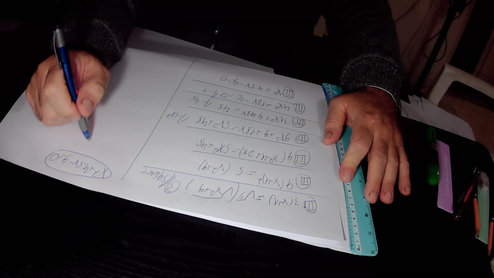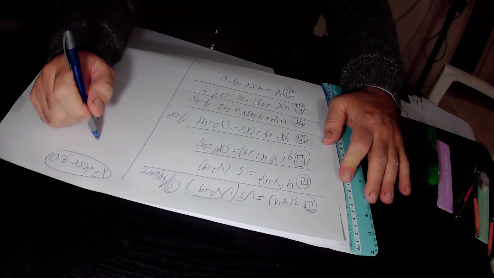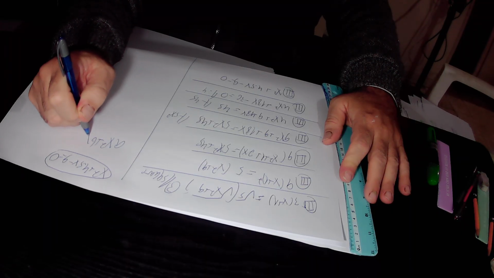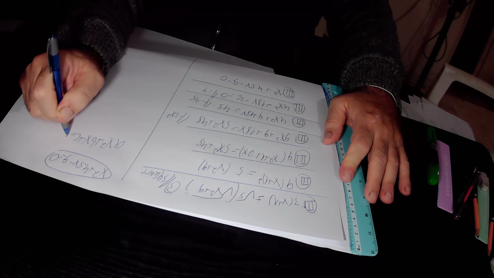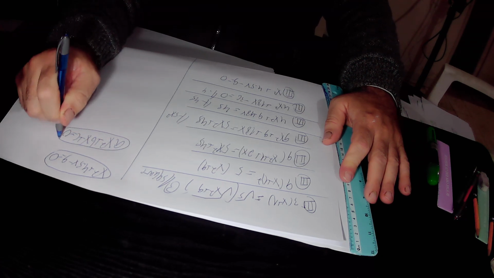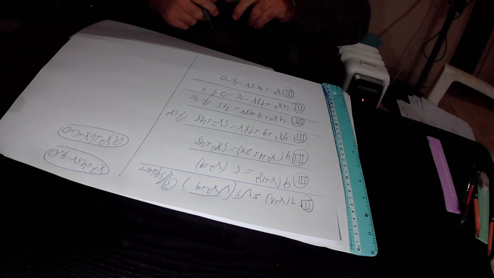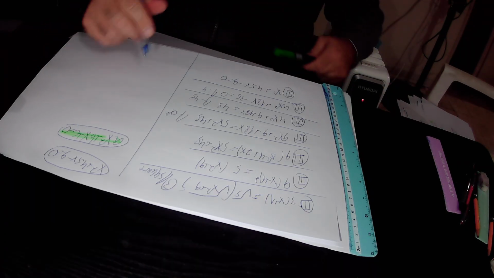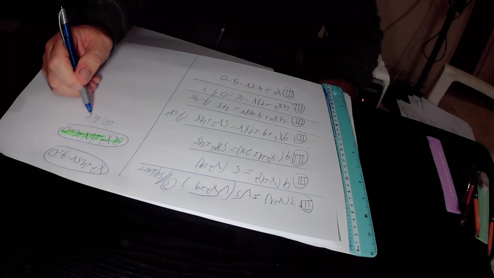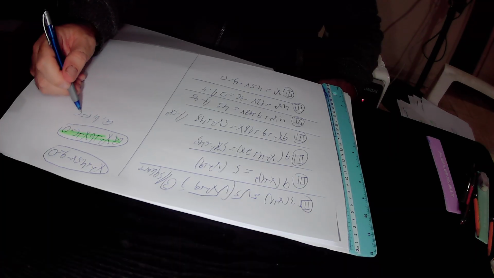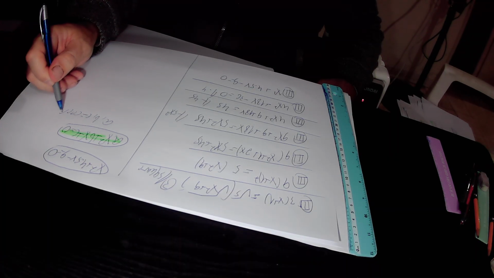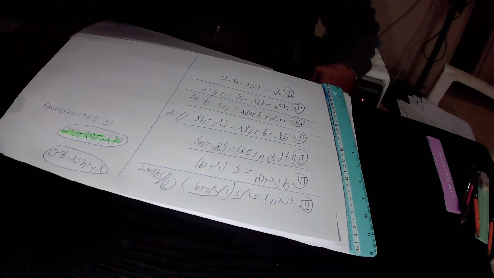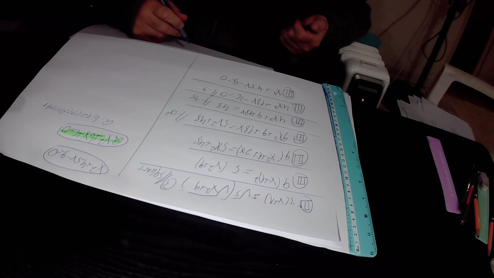And the general formula for a quadratic equation is as follows: ax squared plus bx plus c equals 0. In this general formula of a quadratic equation, a, b, and c are the coefficients of this quadratic equation. x is the variable that we are looking for.